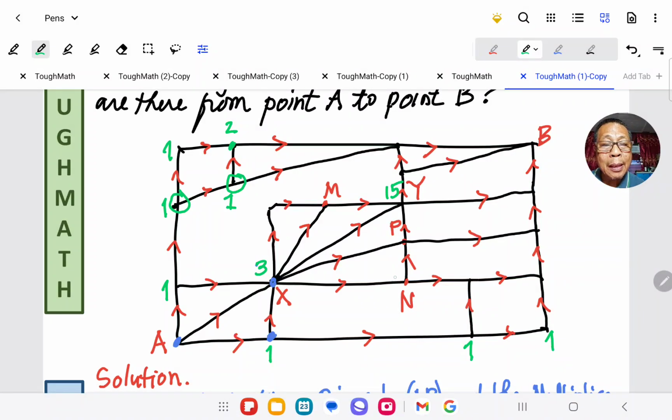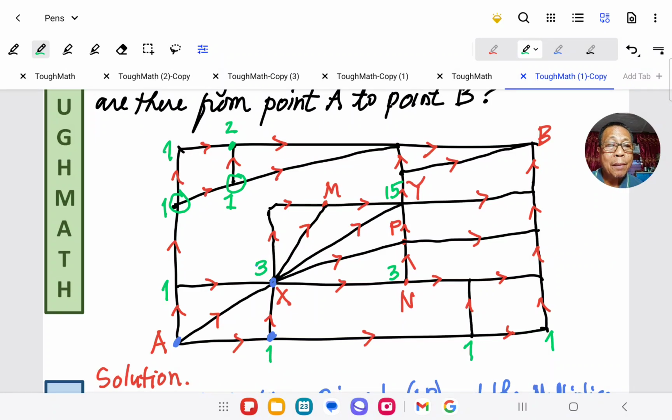This one is 3, the point N, the label 3, because there are 3 ways of getting to N from A. Actually, we are also using the multiplication principle here, because from A to X there are 3 ways, and then from X to N there is just 1 way. So therefore 3 times 1 by the multiplication principle is 3.